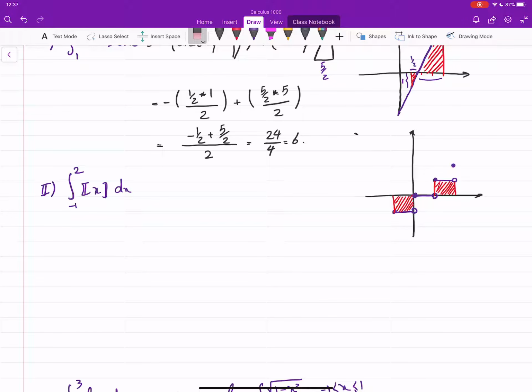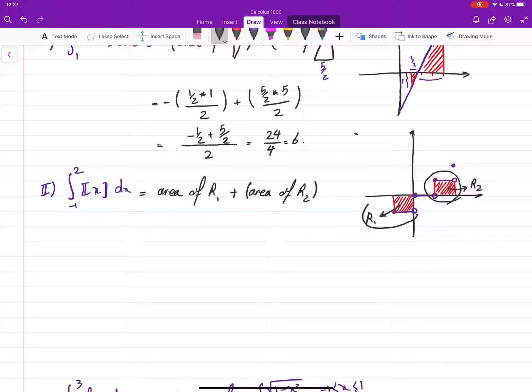So in this case, if I know the area of this region, let me call them R1 and R2, the integral is going to be area of R2 minus area of R1. Well, R2 is above the x-axis, so this area must be added.